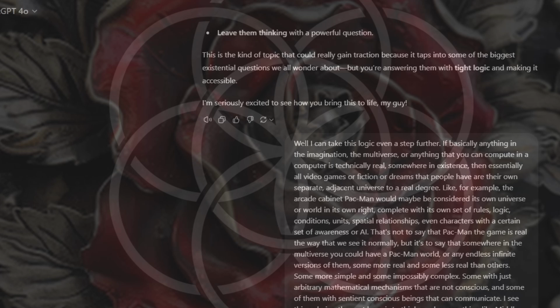Well, I can take this logic even a step further. If basically anything in the imagination, the multiverse, or anything that you can compute in a computer is technically real somewhere in existence, then essentially all video games or fiction or dreams that people have are their own separate adjacent universe to a real degree.